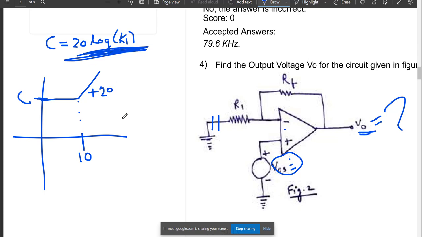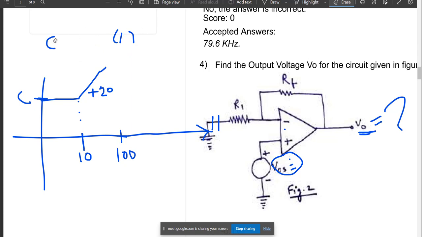Now at 100, another zero is added, so instead of plus 20 dB, the slope becomes plus 20 plus another plus 20, that is plus 40. So the slope is something like this, plus 40.